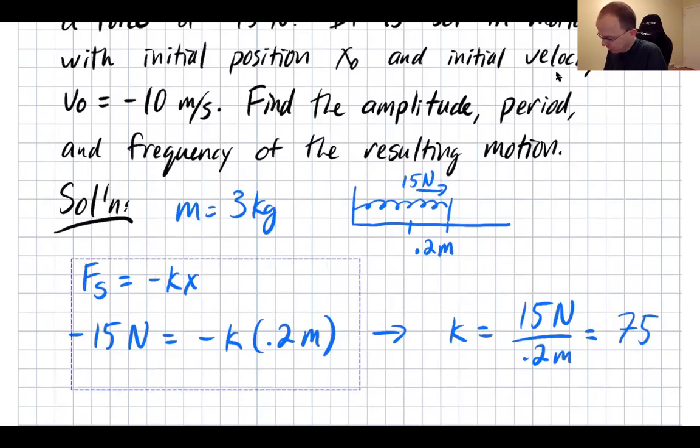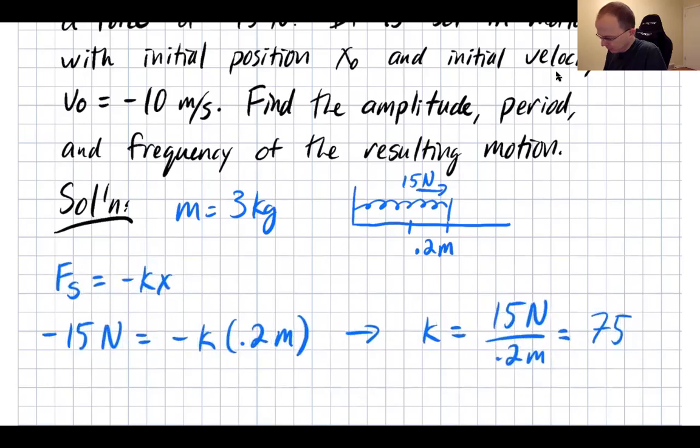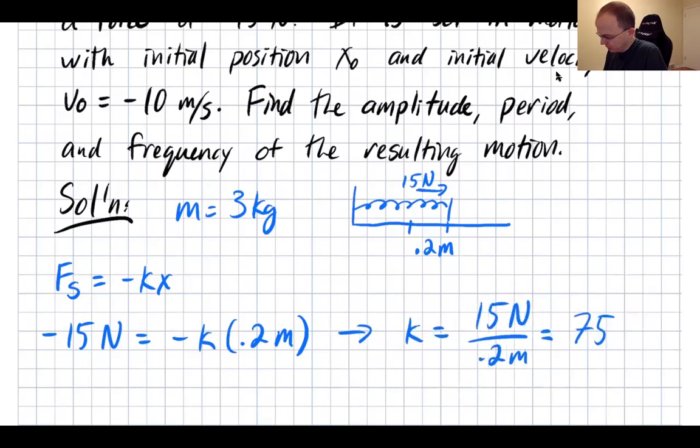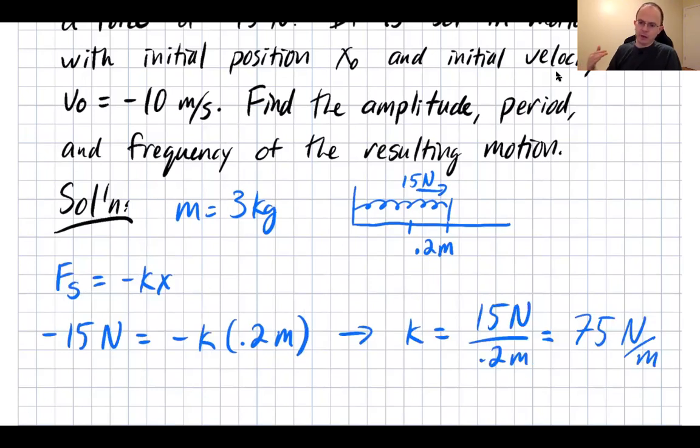So that's a way to measure the strength of a spring by computing how much force it provides per meter. So if we could actually stretch the spring a full meter, then it would be pulling back at a force of 75 newtons. And if we compress it by a meter, then it will be pushing back at us with a force of 75 newtons. So that's the spring coefficient.